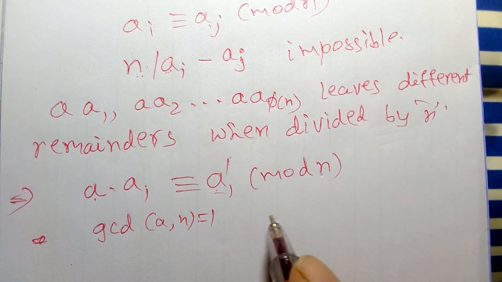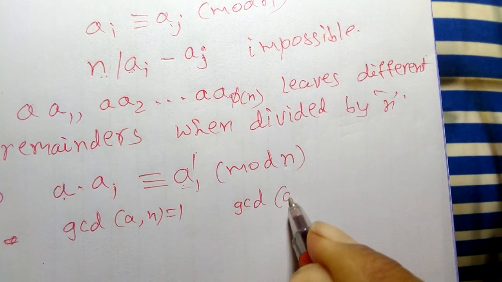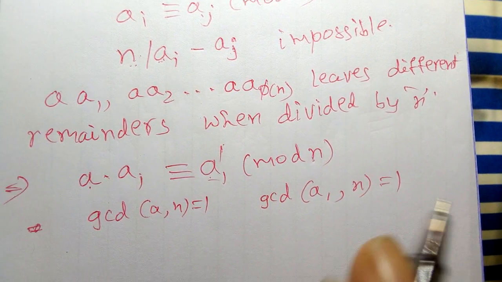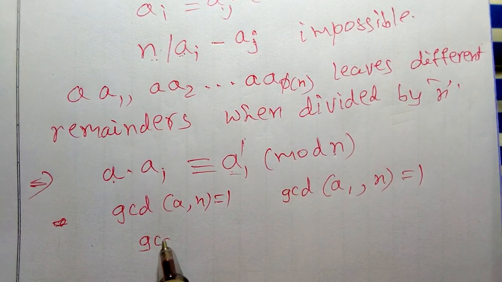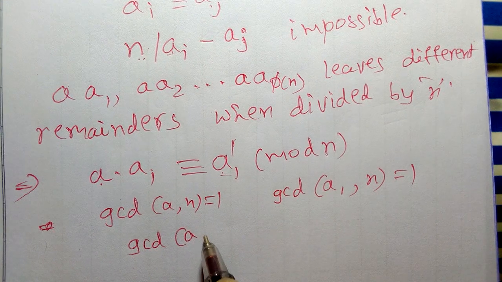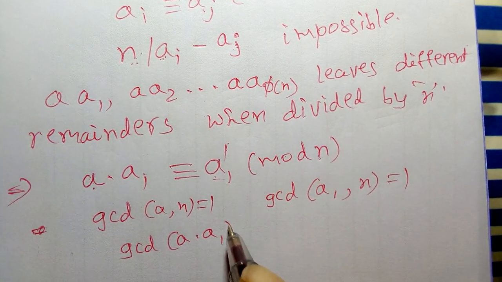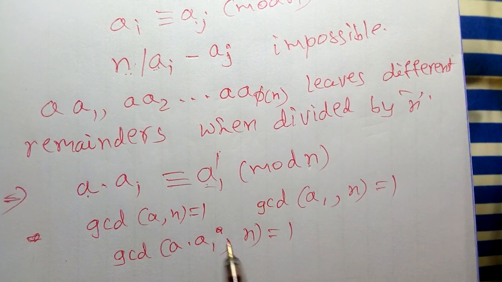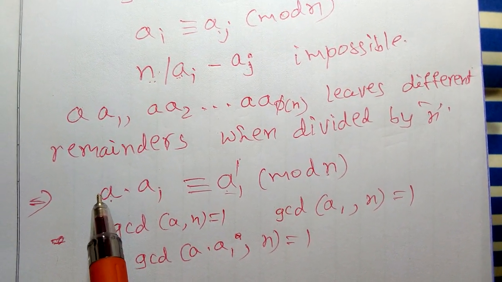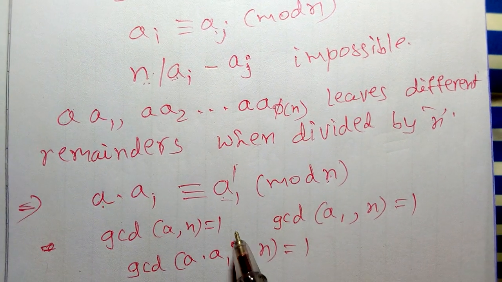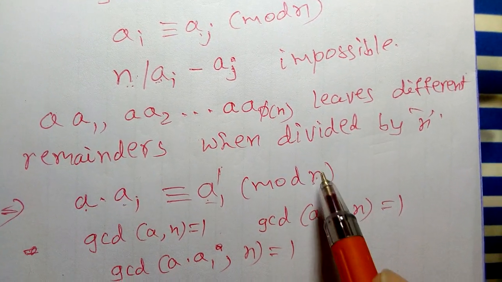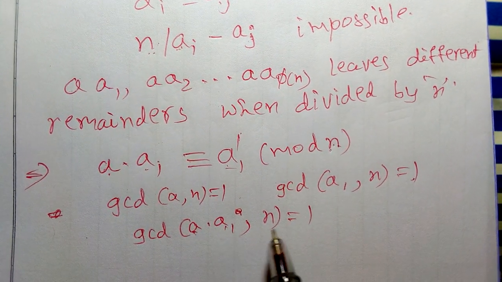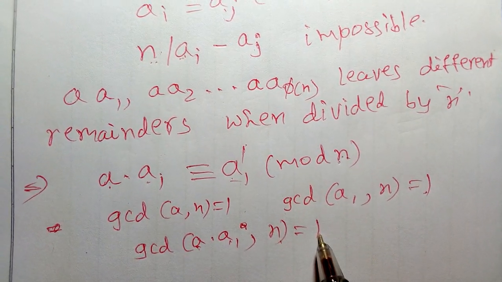So GCD of a1 and n is also equal to 1. GCD of a and n is equal to 1, and similarly GCD of a1 and n is equal to 1. Then GCD of a·a1 and n is equal to 1.